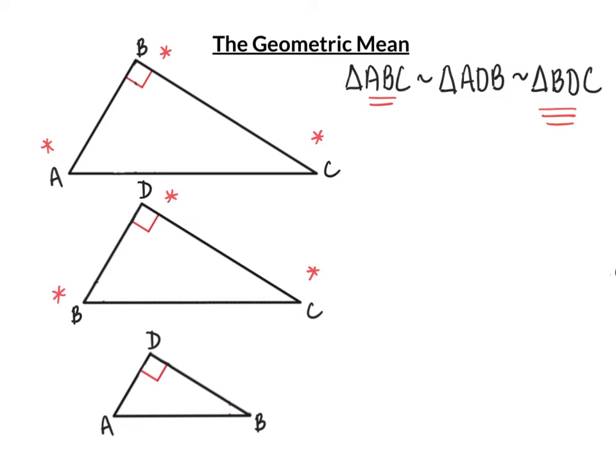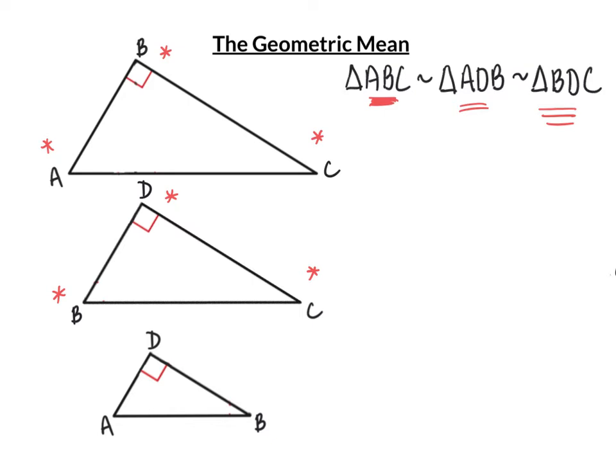Notice how they're in the same order? We've done it correctly. And that's similar. Again, look at ABC right here. Notice the order in the top big triangle. And look at the bottom triangle. Same order, ADB.